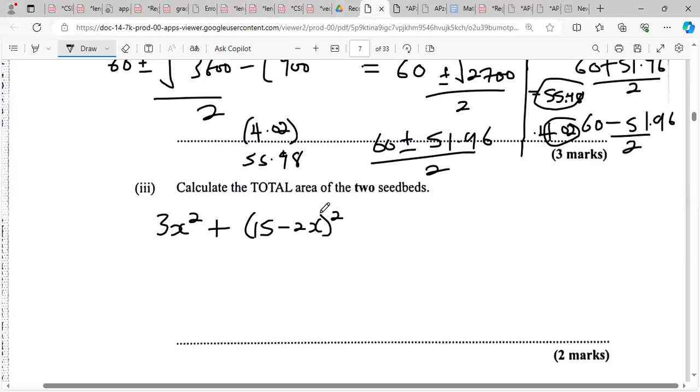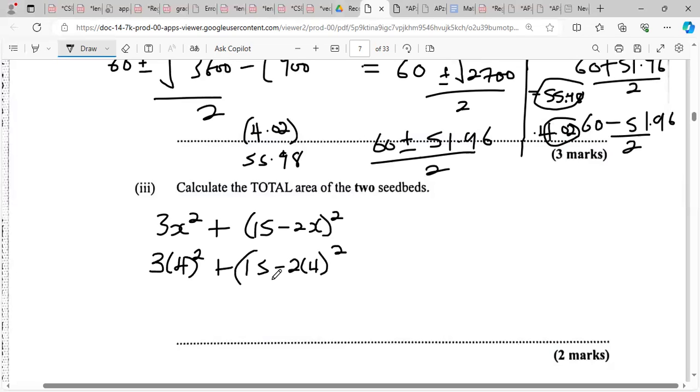But where do we go from here? Expand the bracket out. Oh, alright, plug in the value of x. We just found that, right? And then plus 15 minus 2 times the value of x, which is 4, and then we square.